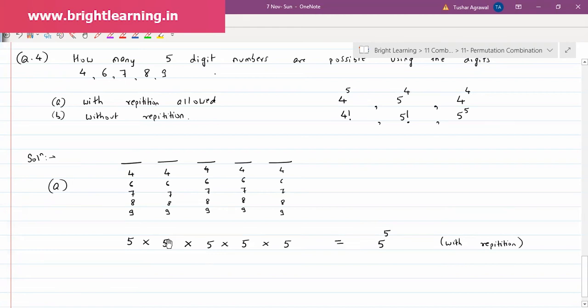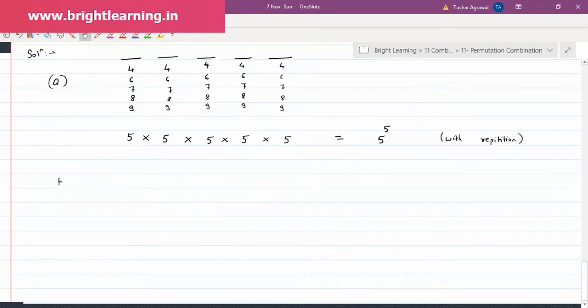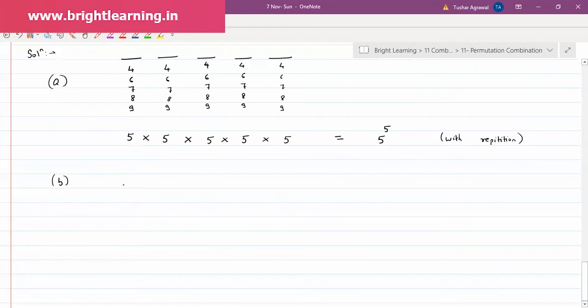And the B part, without repetition. It is something like this only: first, second, third, fourth, fifth. At the first position there are 5 digits, 5 choices. But since repetition is not allowed, as soon as I fix the first digit, at the second place I am left with 4 choices only. I do not have any other choice.